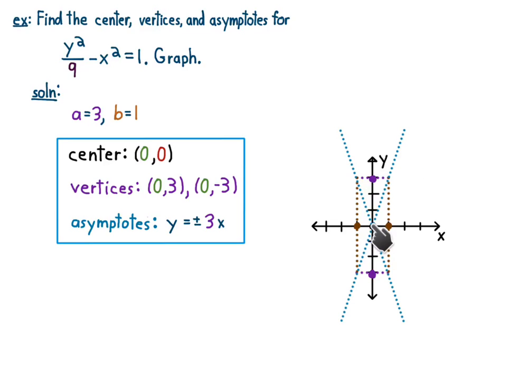Well, if you start at the origin, you go up 1, 2, 3, which happens to be a, right? And then I go over 1. Remember, it's rise over run is the way most people learn the slope. So that's going to be 3 over 1, which is 3. And then the other one's just the opposite slope.